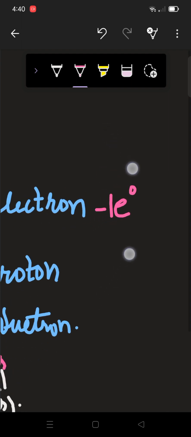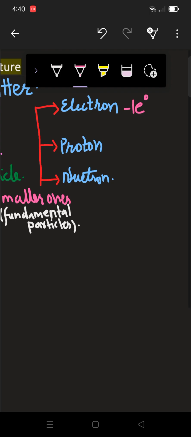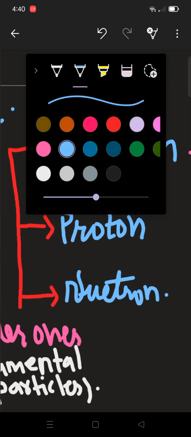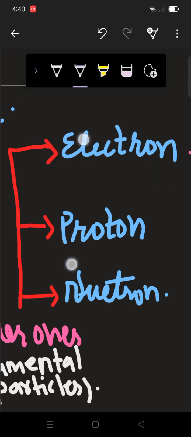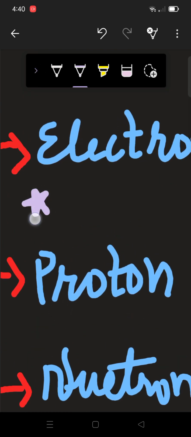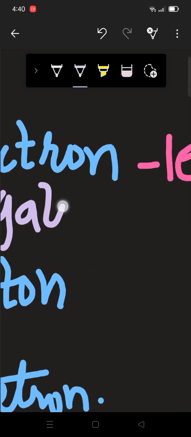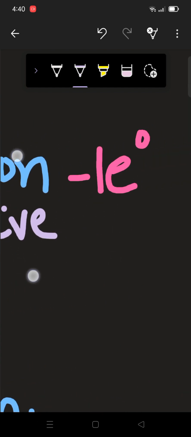So let's write the mass of electron as 0. It is very light, that's why I'm writing it as a 0. So electron has negative charge.